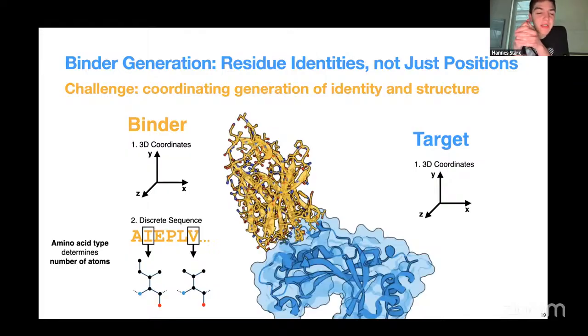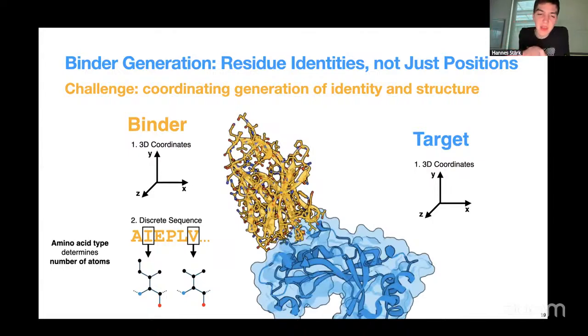And now there's a little issue, because if we don't know what the amino acid types are yet, because we don't know what the discrete sequence is, then we also don't know how many 3D coordinates there are. So the dimensionality of the thing that we're generating changes over the course of generation with how our belief of what the discrete sequence should be changes. So we have this dimensionality-changing thing where we don't know how many 3D coordinates we even want to generate in the end.